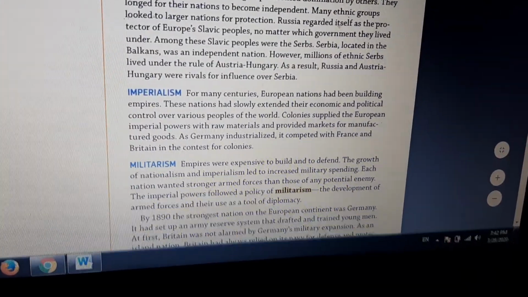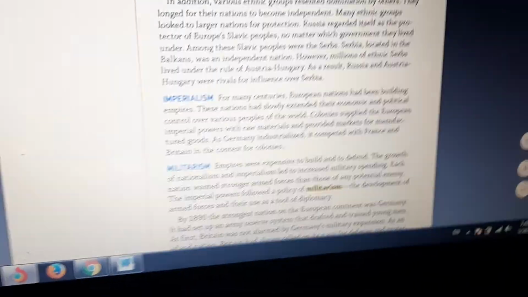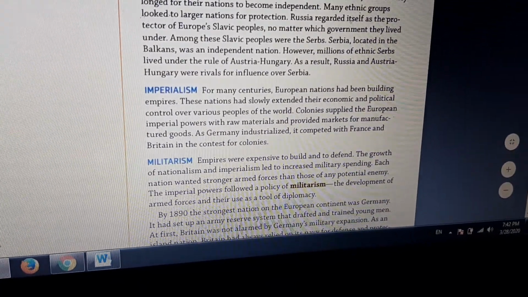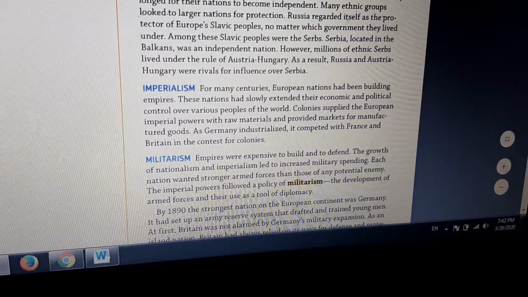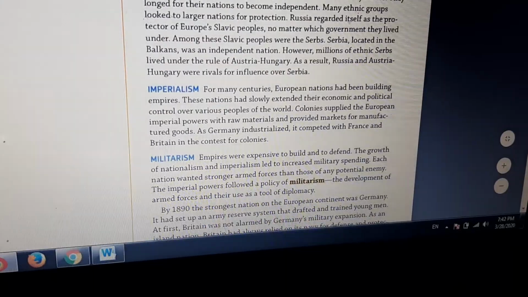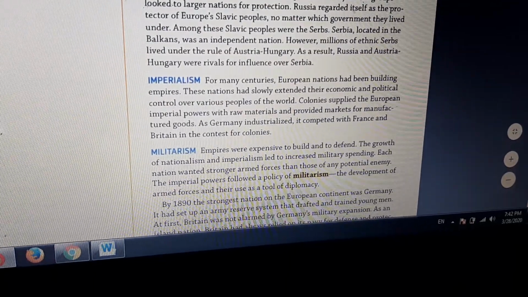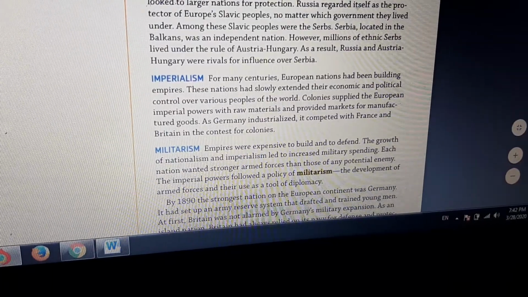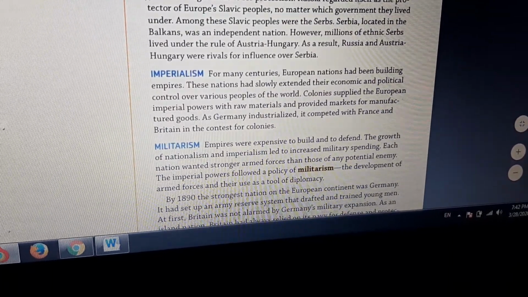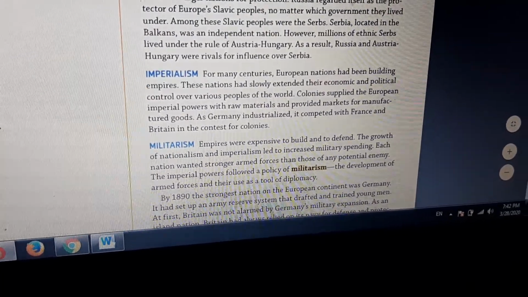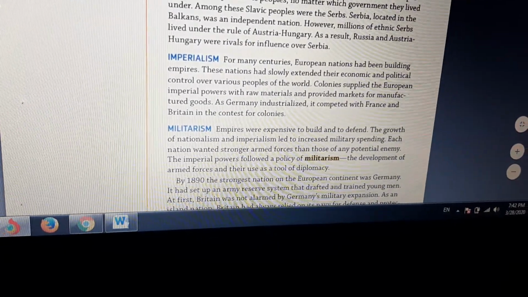So actually, these countries were racing to have more colonies to occupy other lands. When they occupy other lands, they have a market for their goods because they're industrial countries, and they find raw material too. So actually, the only ones were France and Britain, and now Germany is competing with them. So imperialism is another cause of World War One.